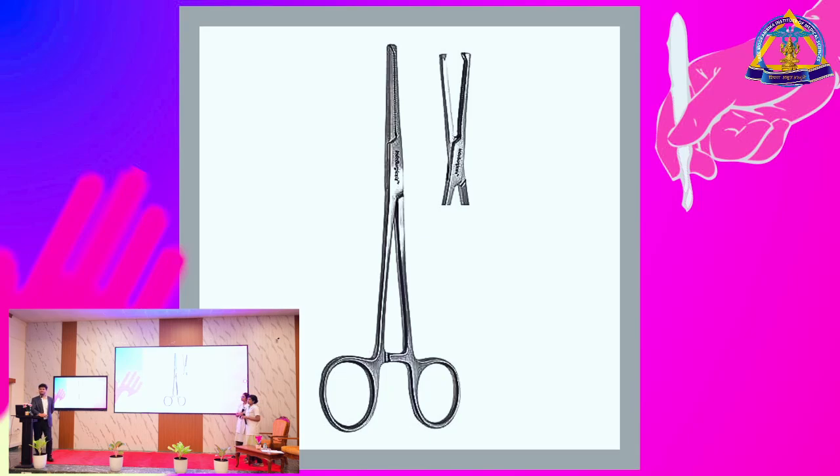Have you heard of Kocher forceps? It is used in obstetrics and gynecology. Any tough tissues you can hold to prevent slippage, especially if you put a clamp on the tissue, the tip will slip off. The pedicles of the uterus too.